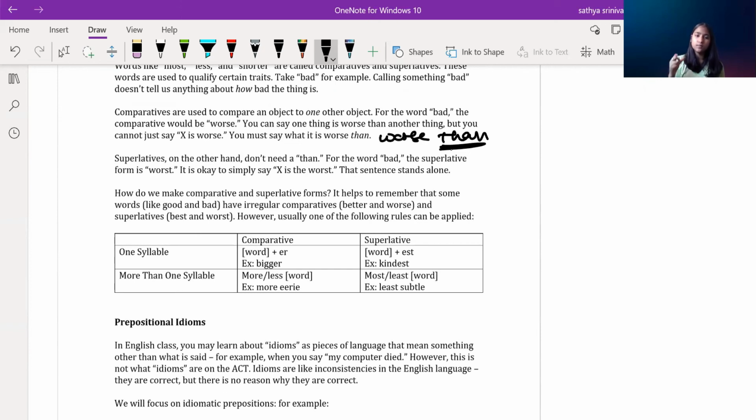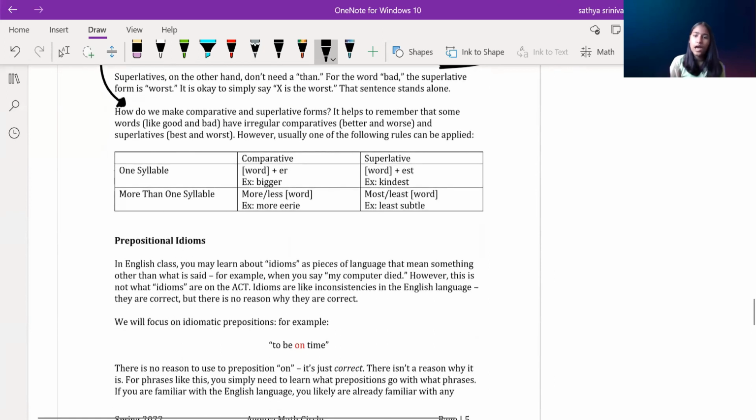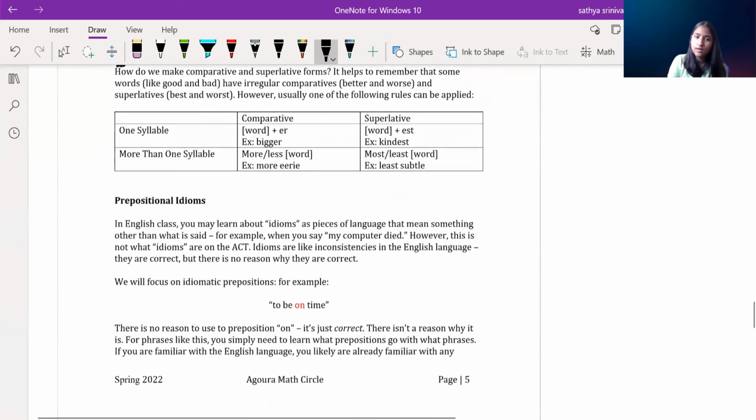Superlatives is the most, like she is the nicest, she is the worst. You're not comparing two things specifically, but you're saying overall this is the most, like she is the worst, she is the best, right? So overall, which one is the worst, or which one has the most, if that makes sense.